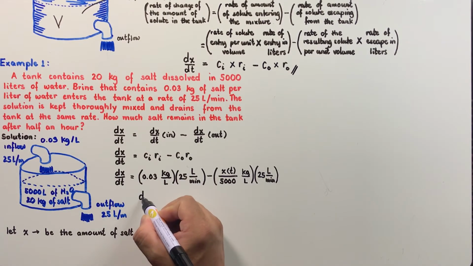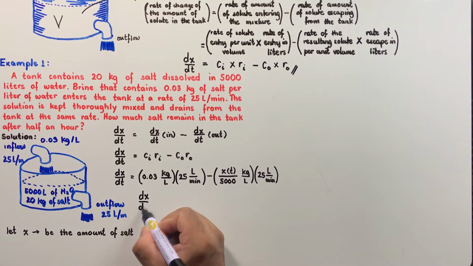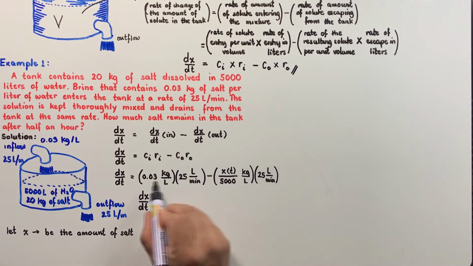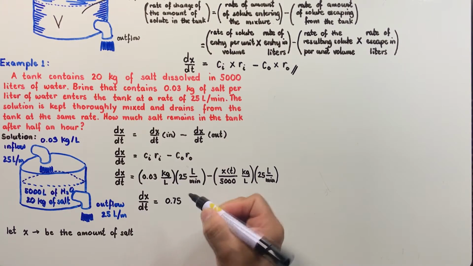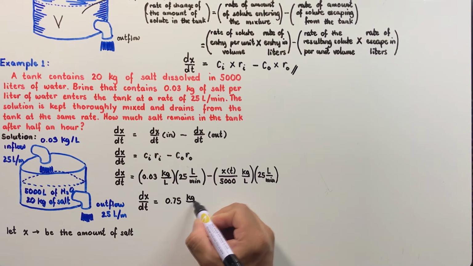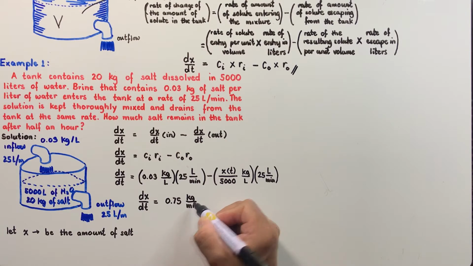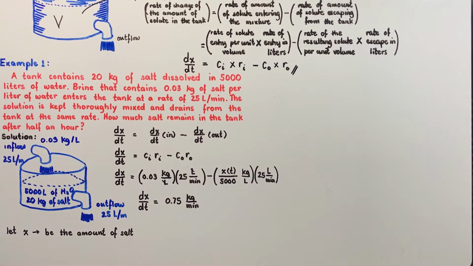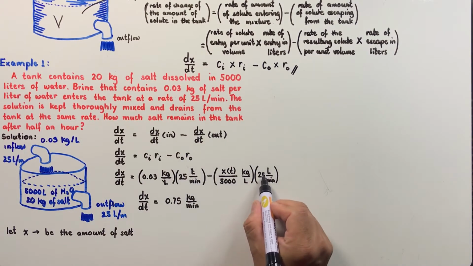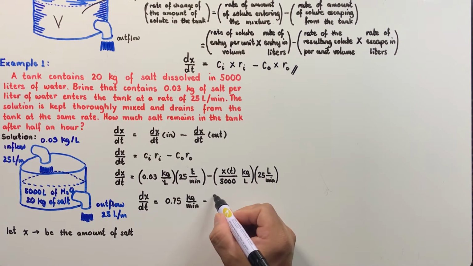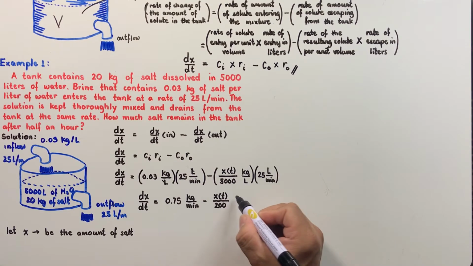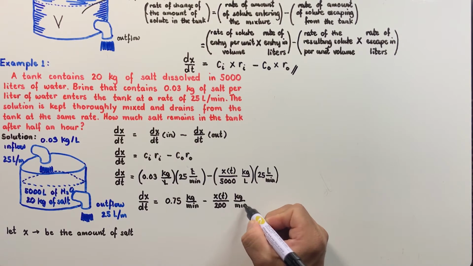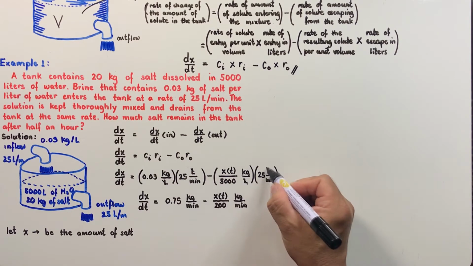So we have here dx/dt equal to the product of this one. And the product of this is equal to 0.75 kilogram per minute, because the liters there will be cancelled. And if you multiply this one with this, we have x of t over 200. And the unit here is also kilogram per minute, because again, the liters will be cancelled.